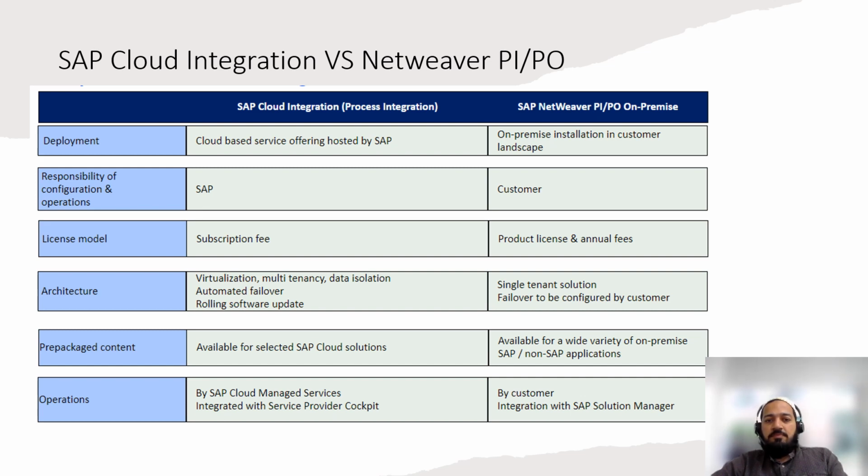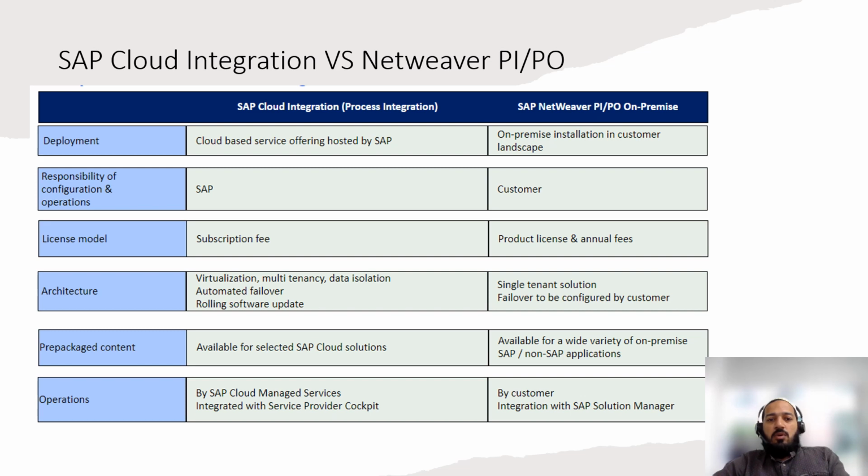On the other hand, the customer has to set up PI/PO configurations. For the licensing model, we have a subscription-based model on cloud integration, whereas we need to procure a license and pay annual fees for using NetWeaver PI/PO that is running on the servers.